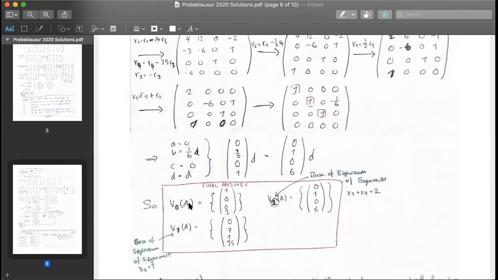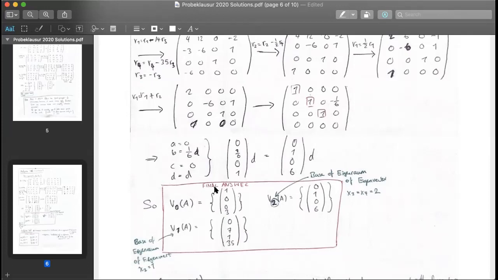But they're asking for a basis of the eigenspace. And basis just means the minimum vector that you need so that you can create the entire eigenspace. And it's called a space because it's created from one vector and all the linear combinations of that vector, so all the multiples of this vector create the eigenspace of eigenvectors that belong to this eigenvalue.